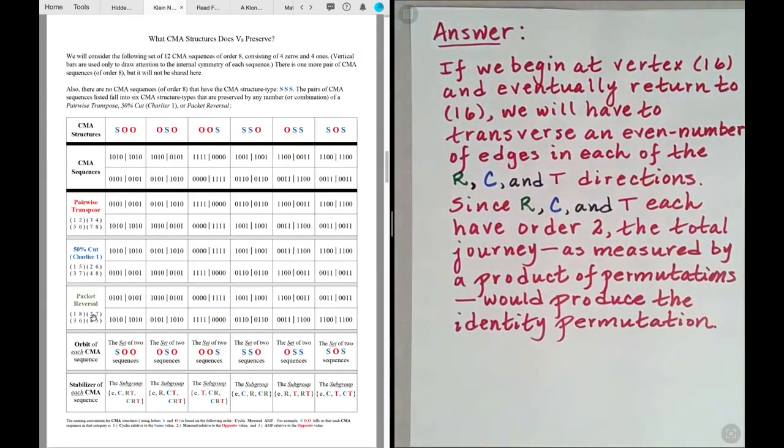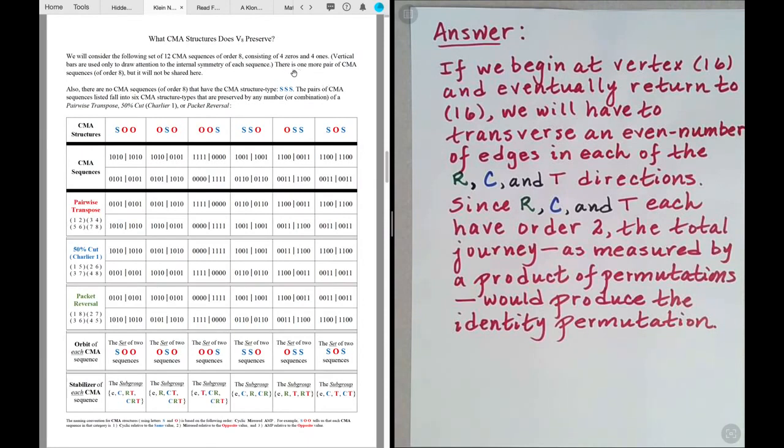Earlier in these class videos, we did have the viewer calculate or derive some of these CMA sequences of order 8. And so let's go ahead and talk about this chart a little bit to get a better feel for the group V8. We will consider the following set of 12 CMA sequences of order 4, consisting of 4 zeros and 4 ones.